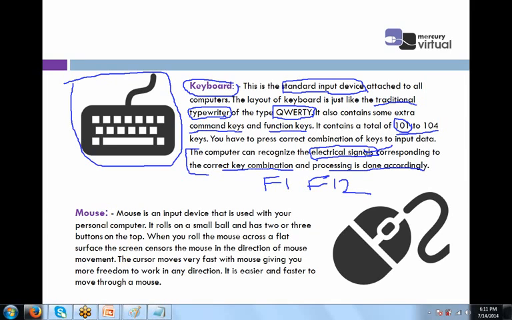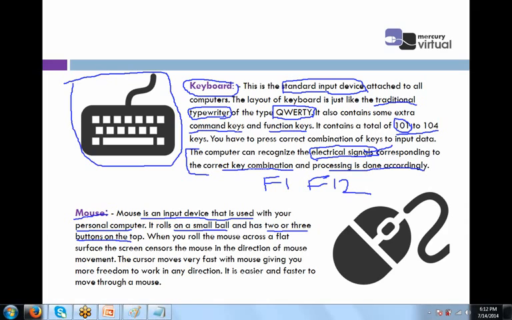Now let's see another input device, that is your mouse. The mouse is also an input device that is used with your personal computer. It rolls on a small ball, meaning there is a ball inside the mouse that rotates, so we can move the mouse left, right, in any direction, and it has 2 or 3 buttons on the top.